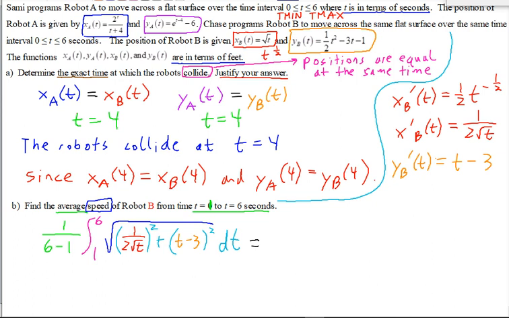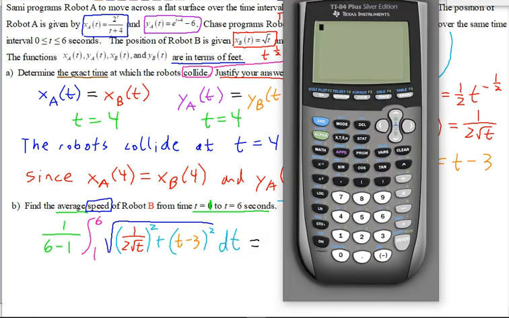So I'll switch to parametric mode before I type it in, so that when I hit this button, it'll be t, not x. So hit the mode button here, and then highlight parametric again. And then second quit. And so we've got a 1/5 out in front.